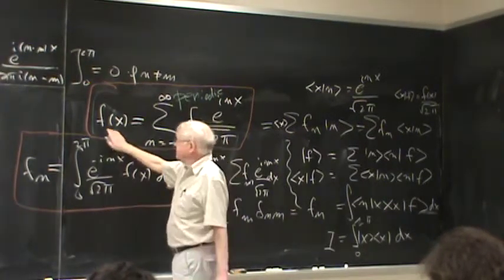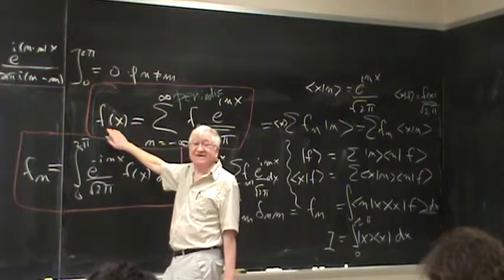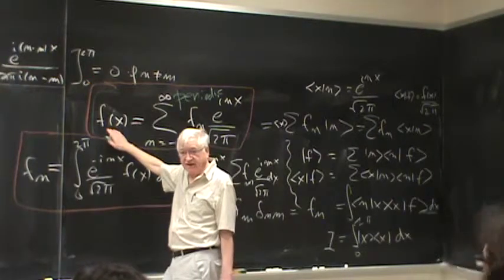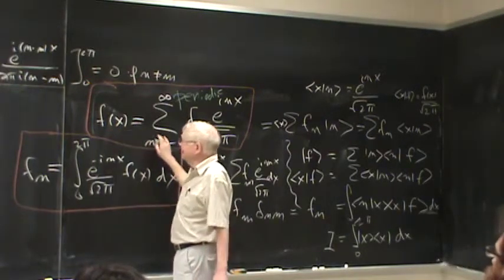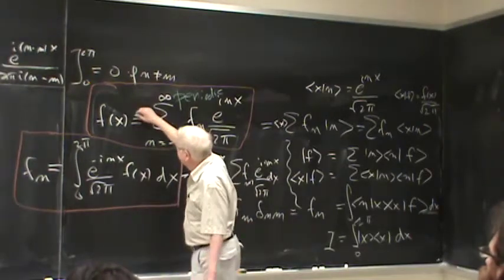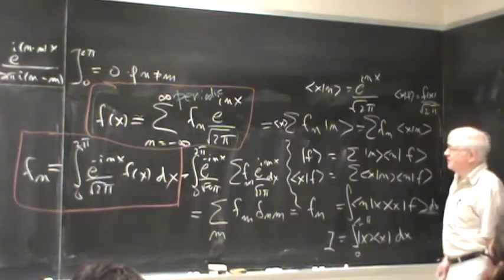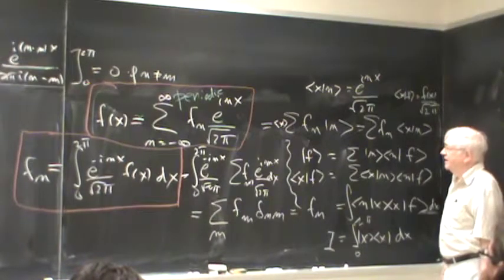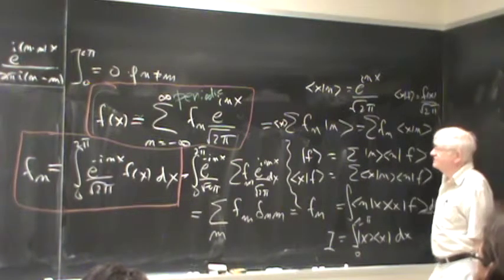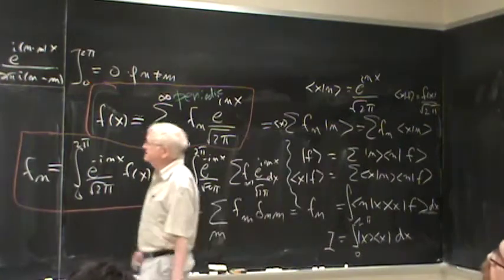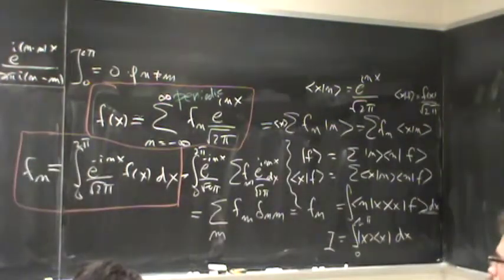On the other hand, we might start with a function f that is not periodic. So then this equation can't be exactly true. It's instead something that will be very good, except at the endpoints and outside the interval.